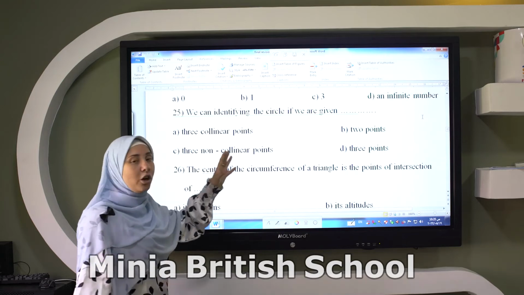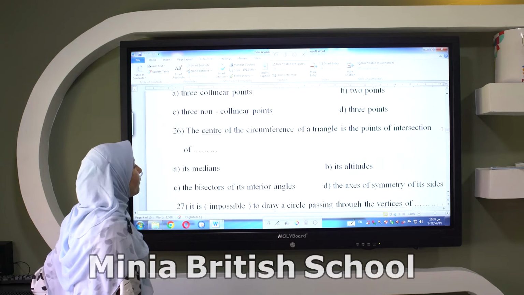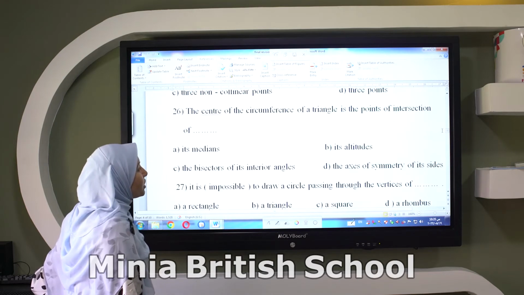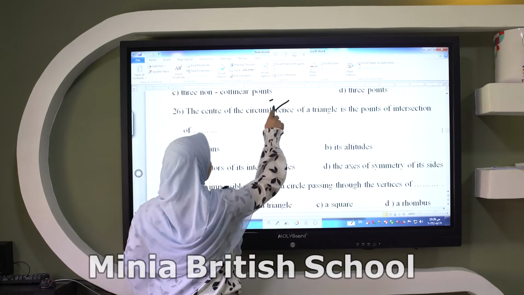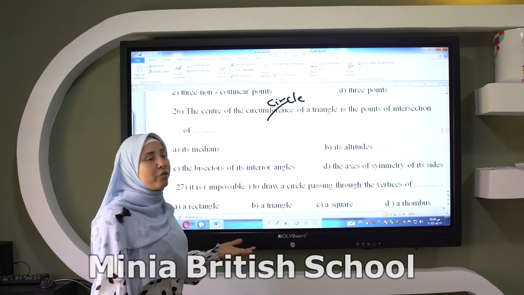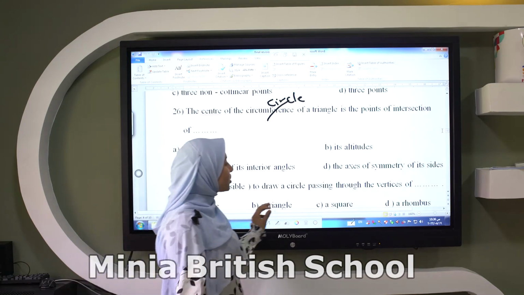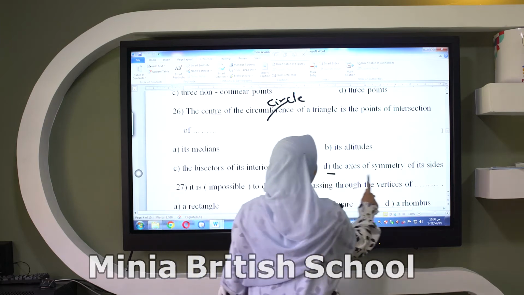3 non-collinear points, okay? In 26, the center of the circumcircle of a triangle is the point of intersection of what? The axes of symmetry of its sides. Okay.